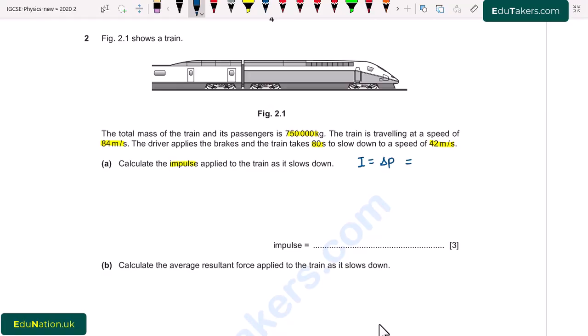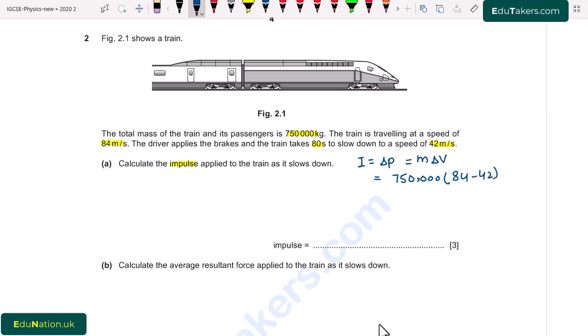Here we are dealing with change in momentum, that's why change in momentum is defined as the product of mass and change in speed. So I write here m delta V. Mass is given as 750,000 and the change in velocity is equal to 84 minus 42.